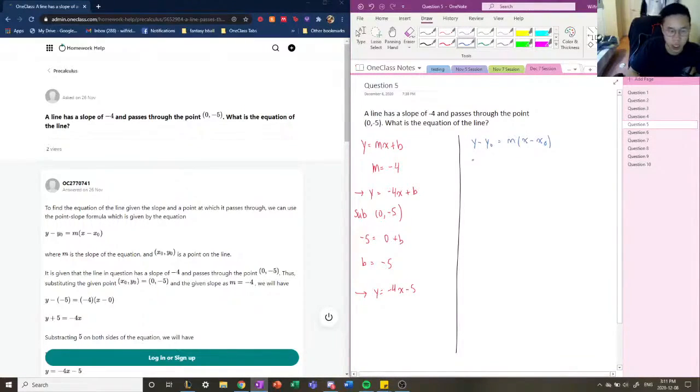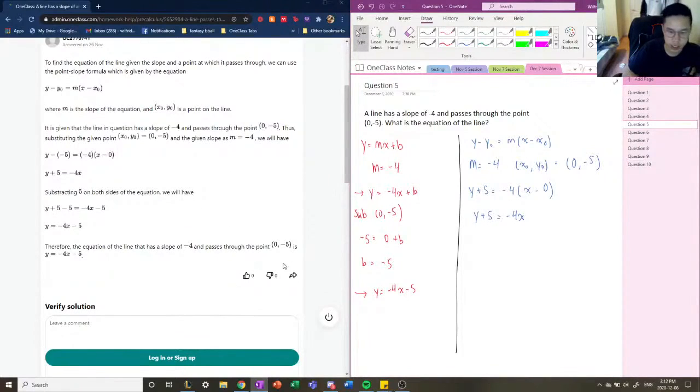We're given m, which is -4, and we're also given x naught, y naught, which is (0, -5). Let's plug in all this information. So y plus 5, m equals -4, x minus 0. What we get here is y plus 5 equals -4x.